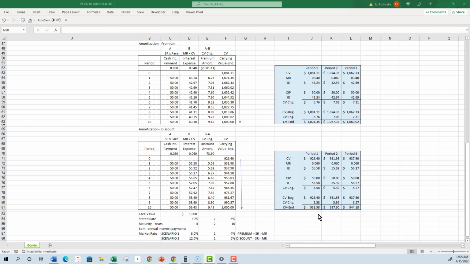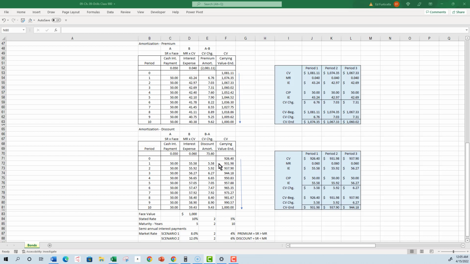Test questions will not ask you to do a complete amortization table on a bond. They'll typically ask you to solve for 1, 2, or 3 periods. To do the calculation for period 1, you would take the $926.40 carrying value, multiply it by the market interest rate of 6%, and you'll get the interest expense for the period.